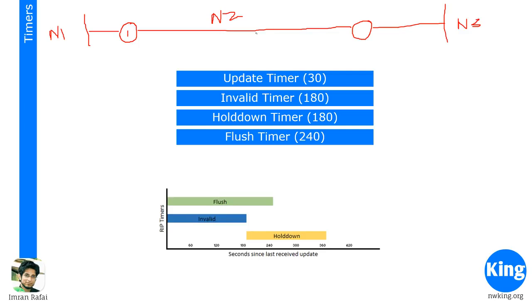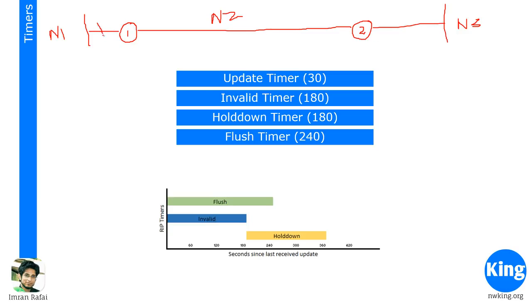Now router 1 tells router 2 that it knows network 1 and network 2, so it sends the update. And router 2 tells router 1 that it knows network 3 and network 2. Every 30 seconds these two will keep exchanging their routing tables.